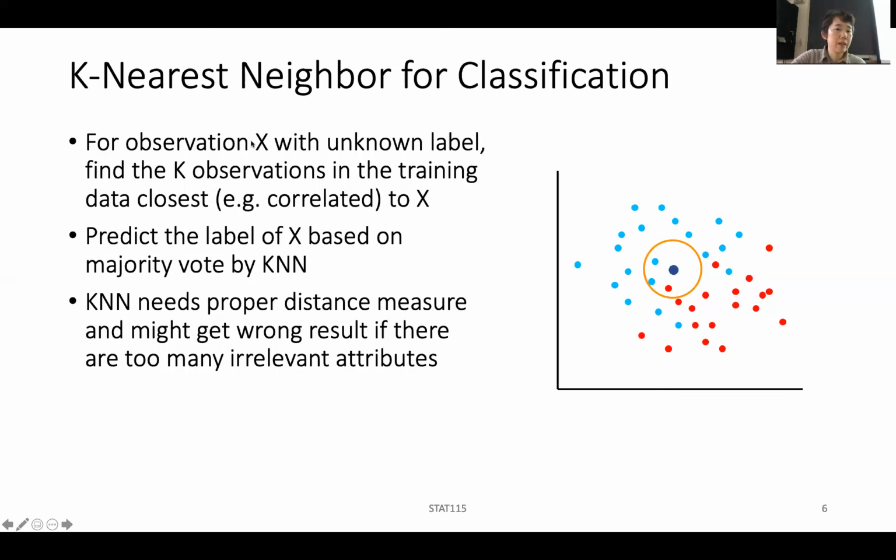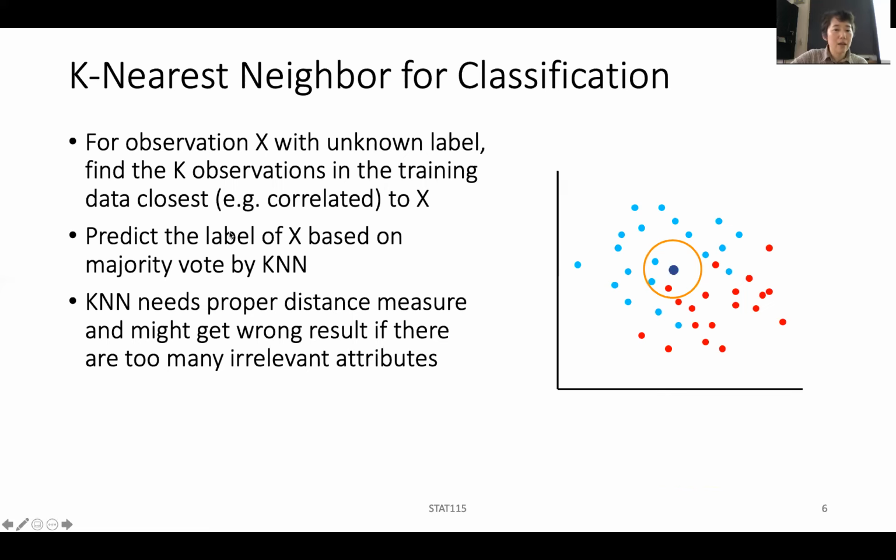For any observation, for example an unknown sample that we don't know whether it's disease or normal, we can find the K samples in the training data set that are closest to my unknown sample. In terms of, for example, log TPM, these K samples might be the most correlated to my sample of interest.